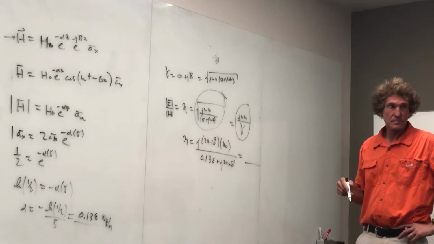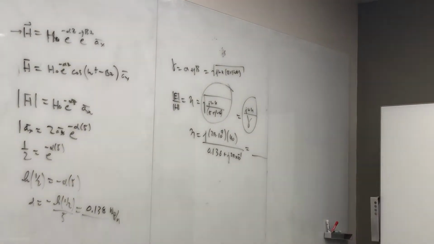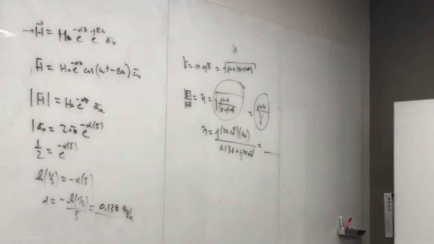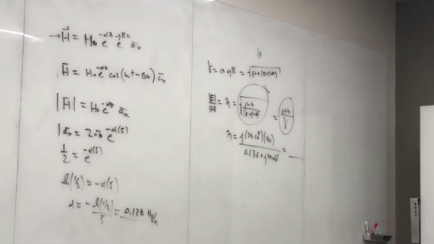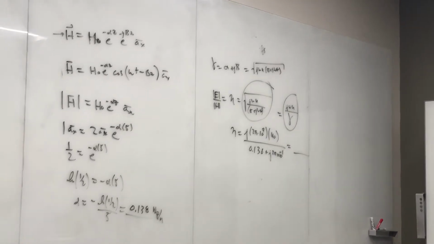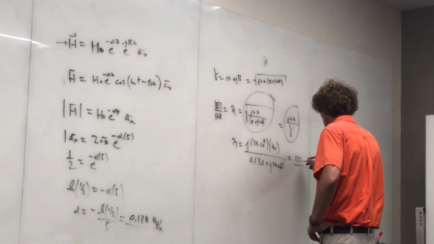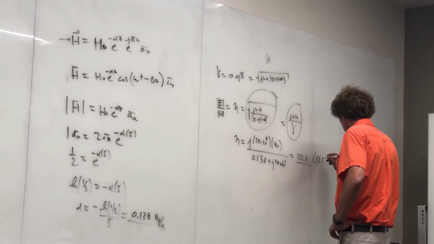Use the book solution. He uses K instead of beta. Okay. Go ahead, tell me. 122.7. 122.7 at an angle of 12.4 degrees, right?